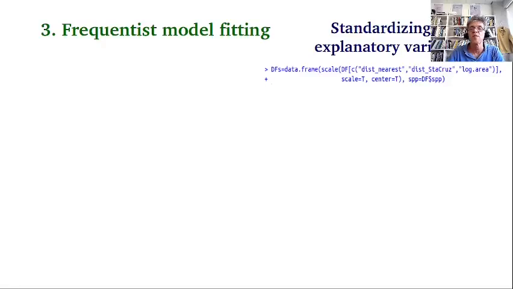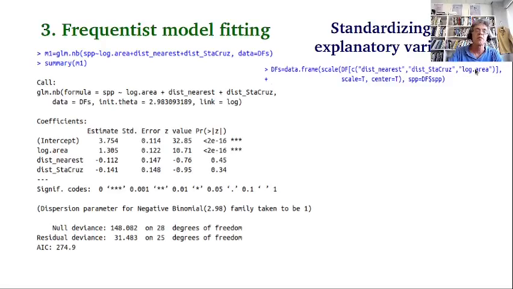For the frequentist model fitting, I started by standardizing the three variables that are going to be included in the model in order to be able to compare their coefficients. This was explained in previous videos, and I'm going to fit the model using the command glm.nb from the package MASS.